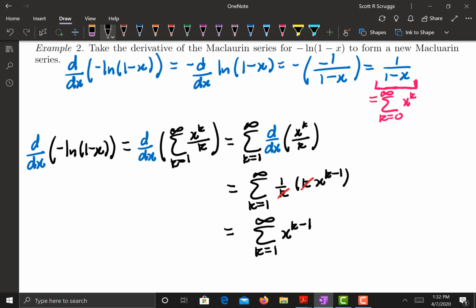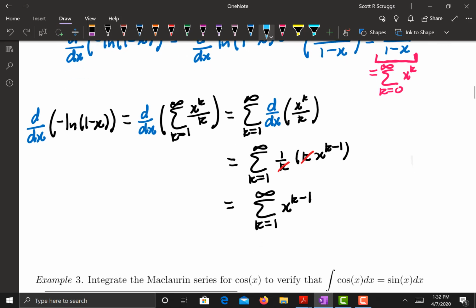That is very similar to my power series above. The only differences are the exponent and where I started off my series. But I claim that these two series are the same. Here's why.